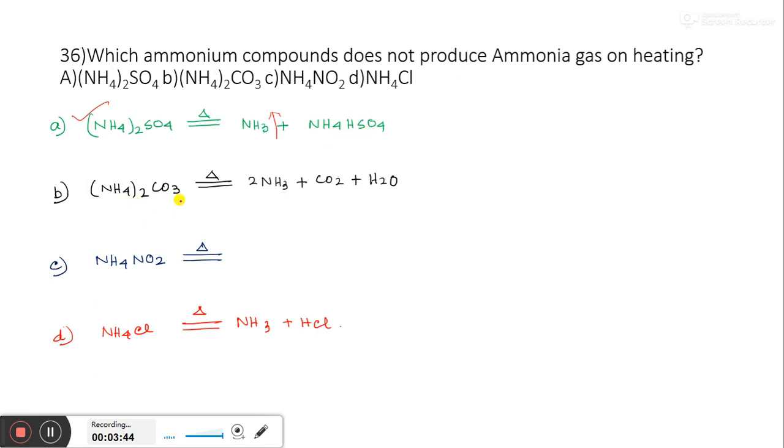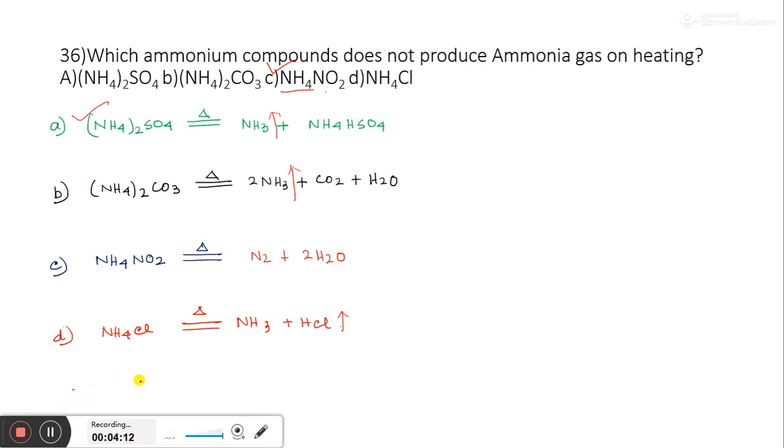When ammonium carbonate is heated, it also produces ammonia gas. When NH4Cl is heated, it produces ammonia gas along with HCl. When NH4NO2 is heated, N2 gas is produced along with 2H2O. So ammonium nitrite forms N2 gas on heating, not ammonia gas. So compound C cannot form ammonia gas on heating.